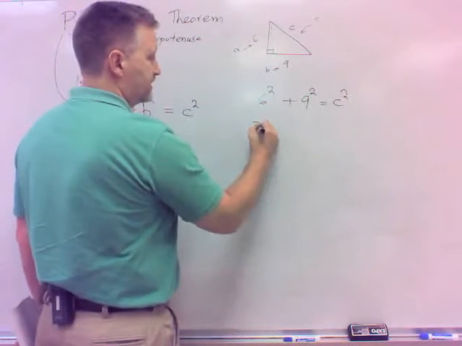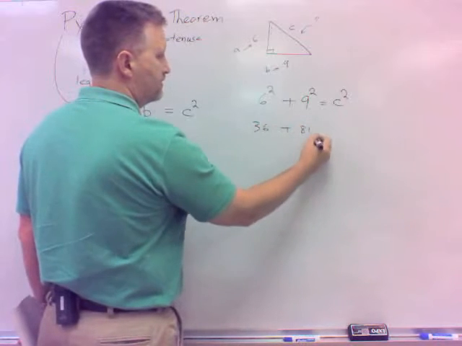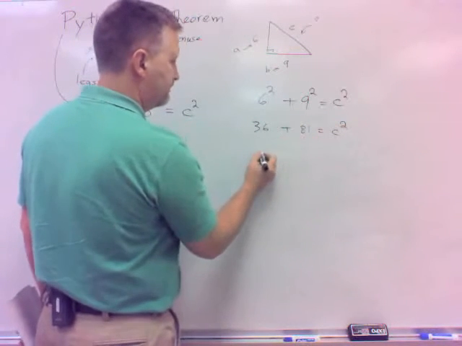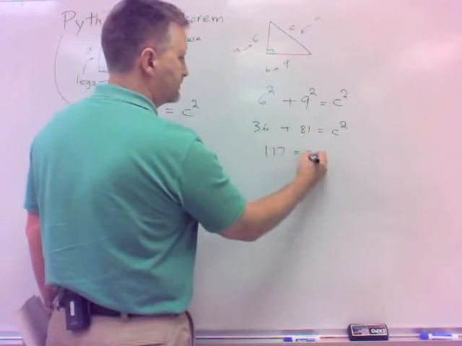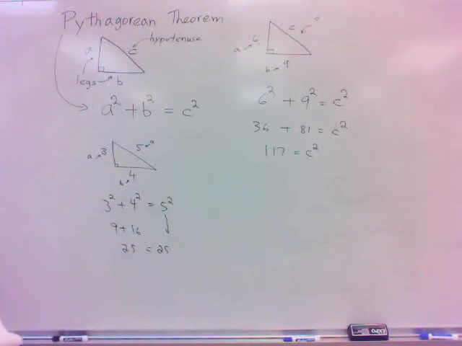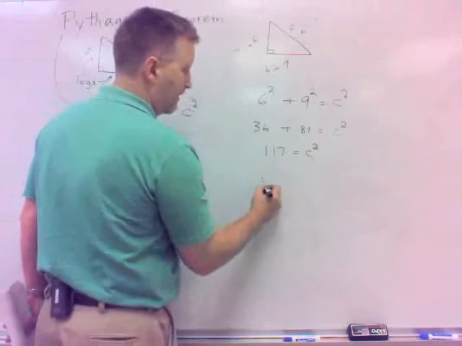That would be 36 plus 81 equals C squared. 117? 117 equals C squared. So C squared is 117. What is C? We'll square root it, right?